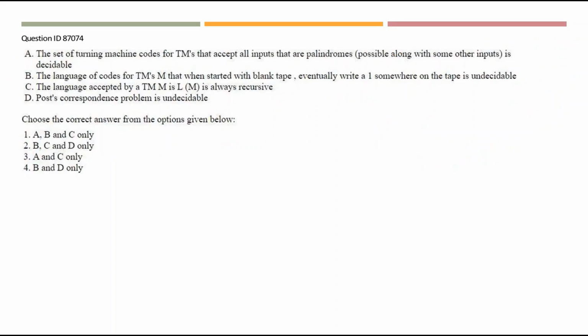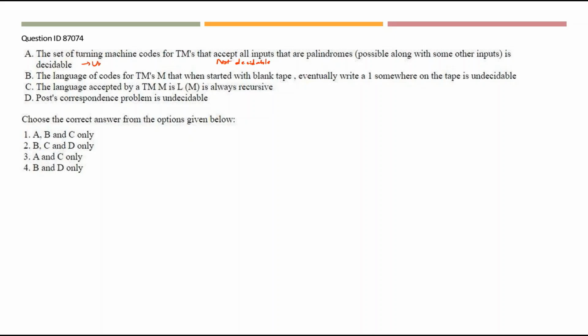Next question. They have given 4 statements and they are asking us to choose the correct answer from the options given below. The set of Turing machine codes for Turing machines that accept all inputs that are palindromes, possibly along with some other inputs, is decidable. The set of codes for TMs to accept all inputs that are palindromes is not decidable.